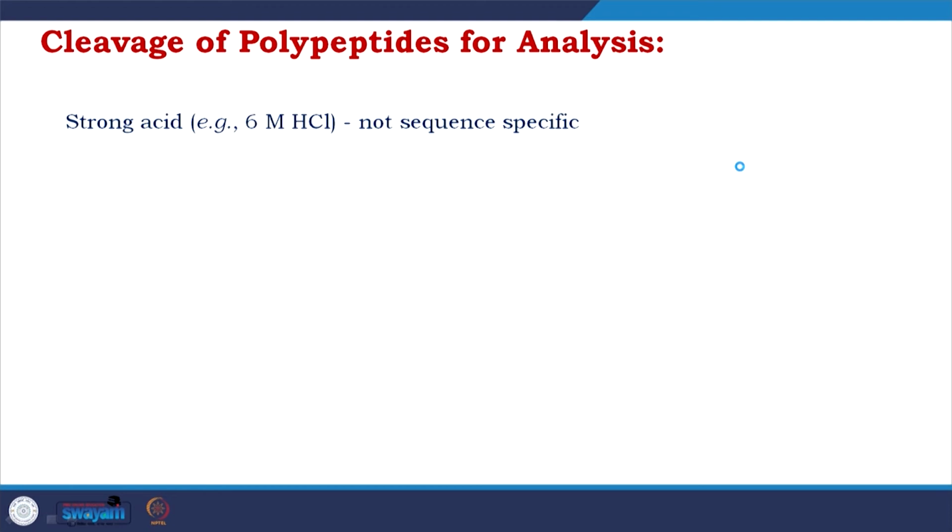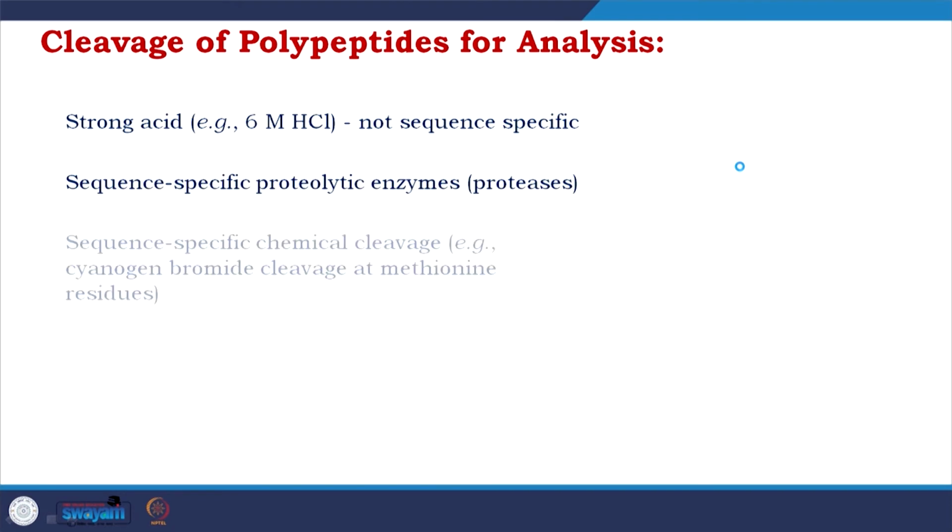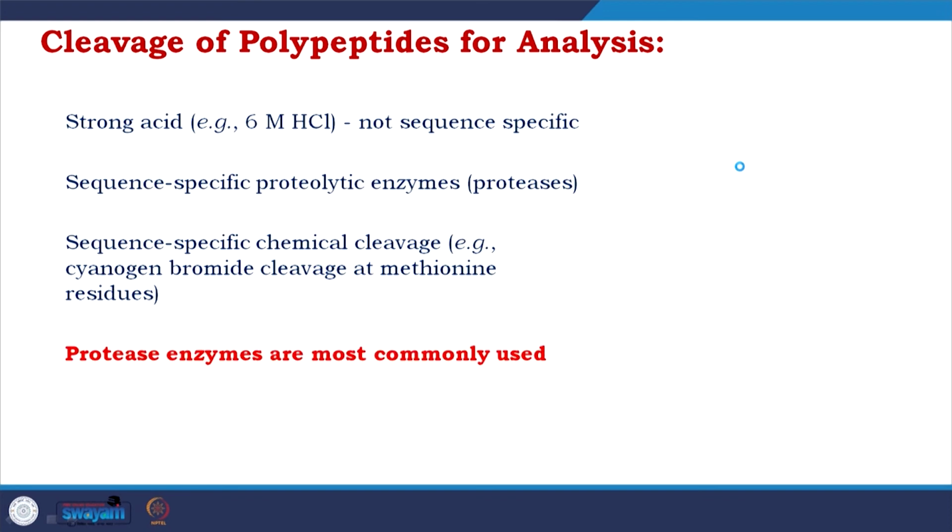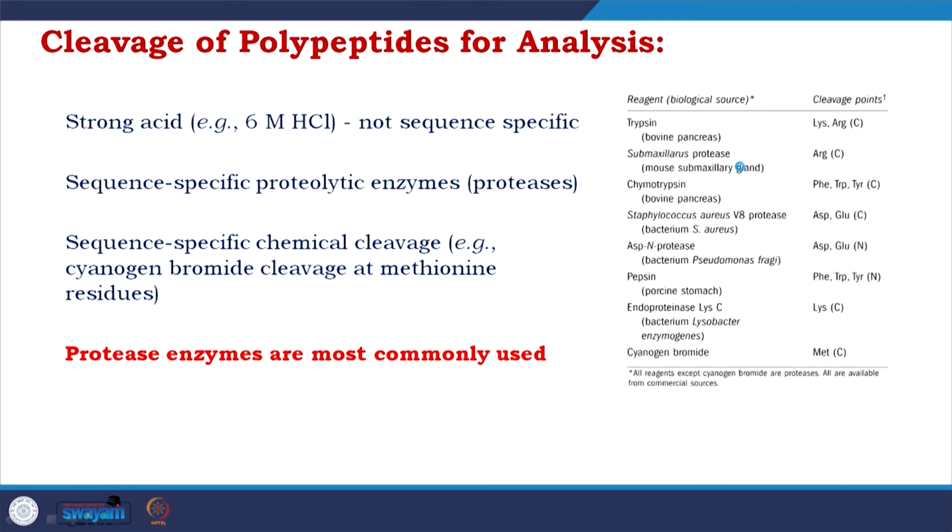You could use a very strong acid like 6 molar HCl, but you would not get any specificity there. You use sequence specific proteolytic enzymes which are called proteases. You could use sequence specific chemical cleavage, that is cyanogen bromide cleavage at methionine residues. Among them, the protease enzymes are most commonly used and they are diverse. So, if you take a look, trypsin cleavage points are basic amino acids lysine and arginine.